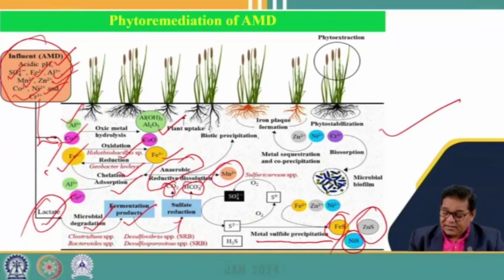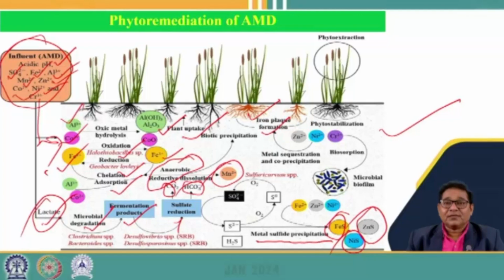Another pathway is plant uptake, where the plant directly takes up the heavy metals present. For example, iron flakes are accumulated in the root zone of the plant.